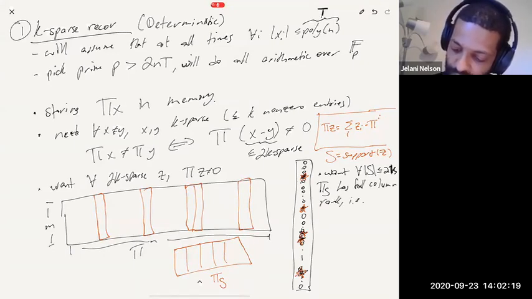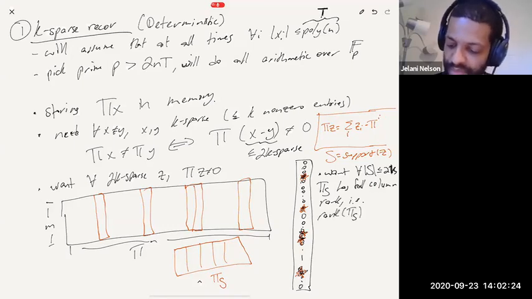In other words, the rank of pi S should be 2k.